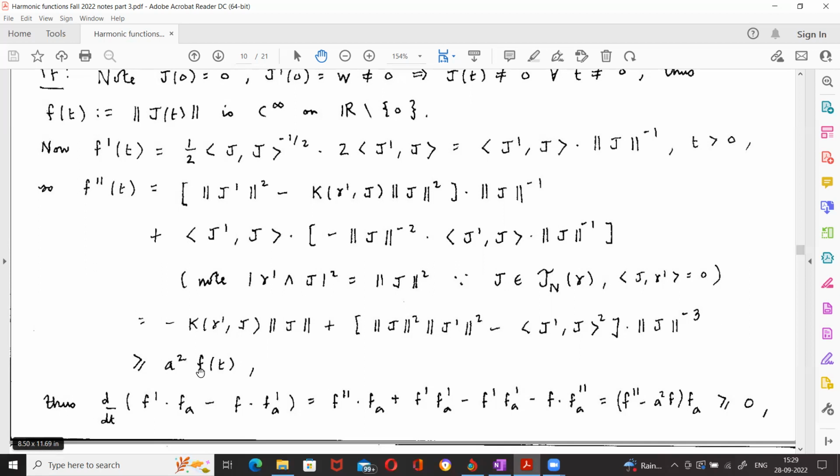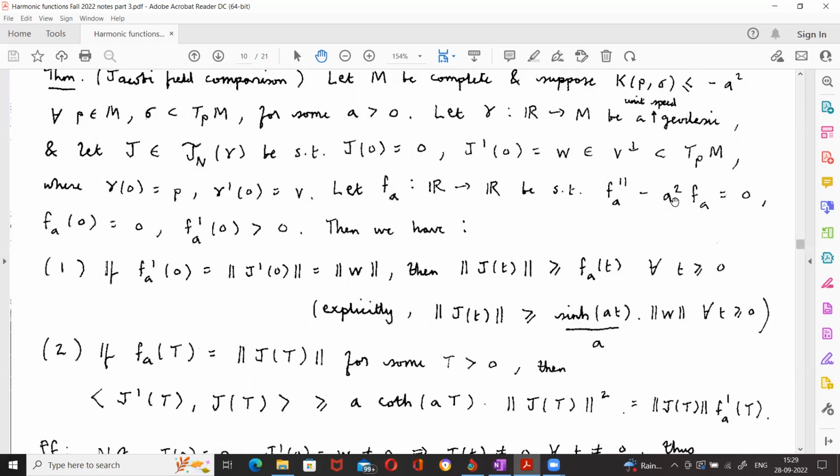Okay. So this function norm j satisfies a differential inequality: f double dashed greater than or equal to a squared f. Is that clear? Whereas our function fa is a solution of a differential equation.